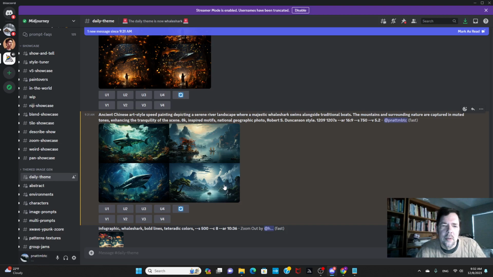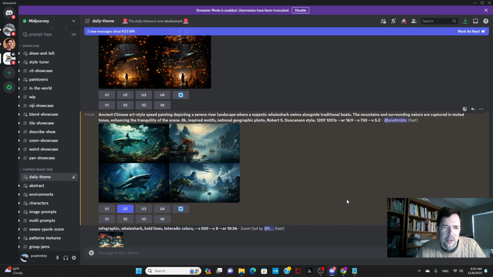Now, the way Midjourney works is it prioritizes items that you put in the front of the prompts. So it does make a difference if you do National Geographic.